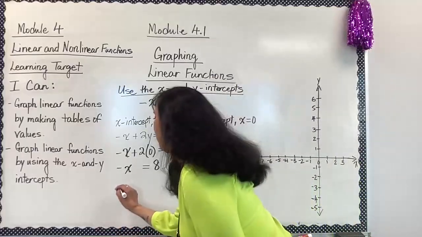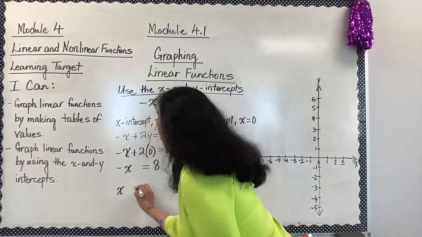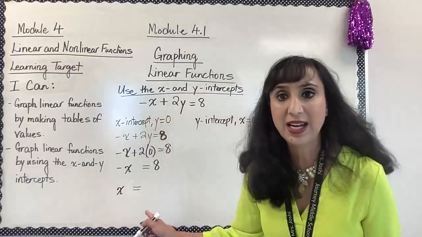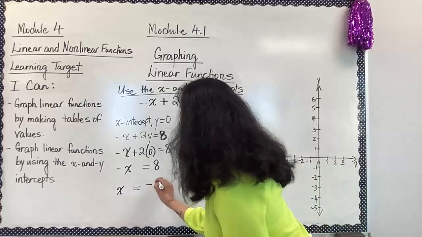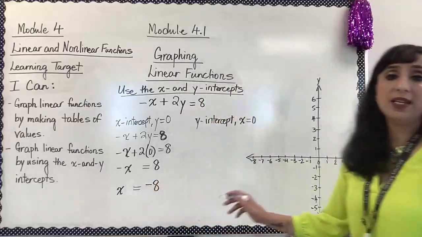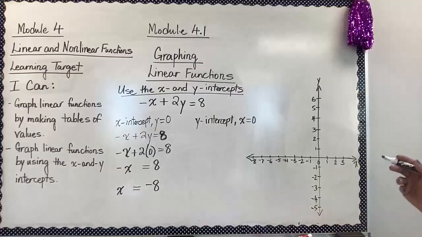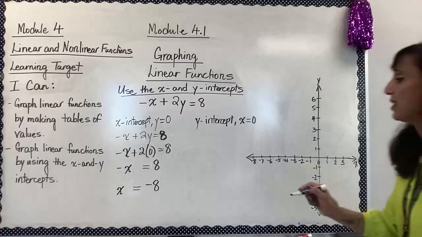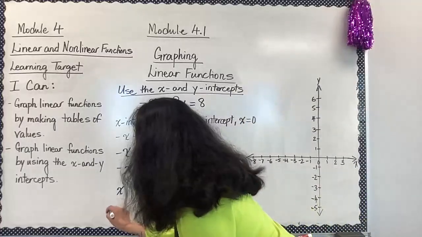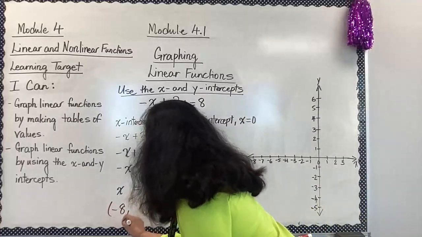So I'm left with just x. And 8 divided by negative 1 is going to give me negative 8. So this is my answer, and the graph intersects the x-axis. So the x-intercept is going to be negative 8, 0.